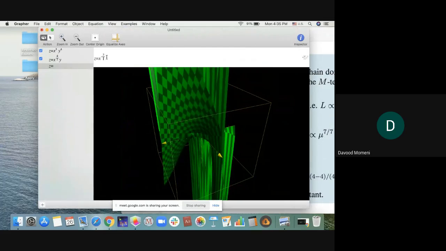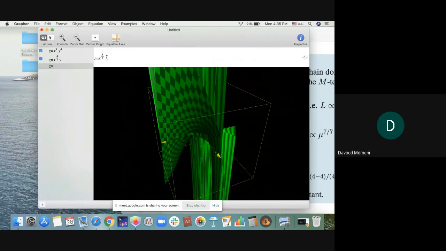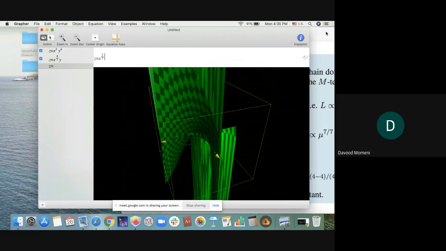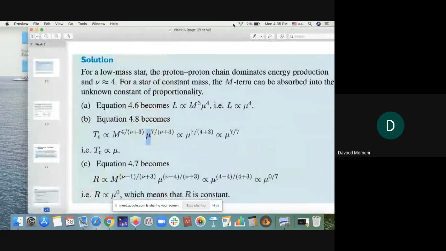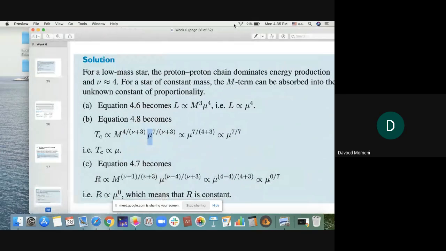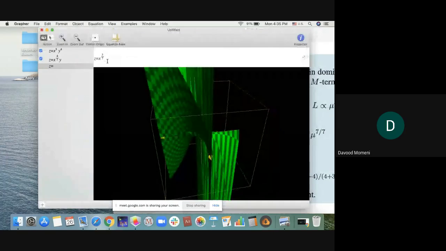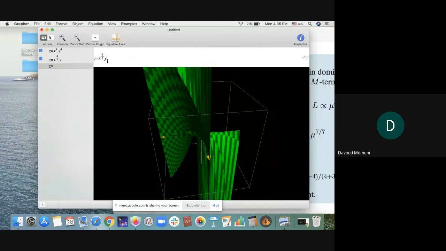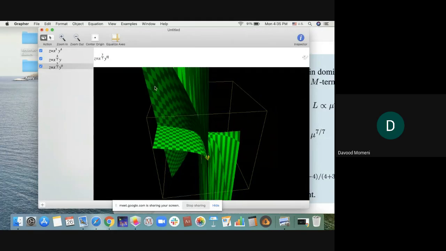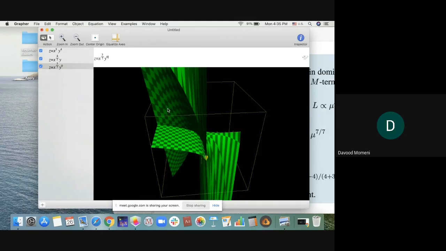We are surprised that there is no dependence on the chemical potential for low mass stars. So I can write mu to the power 0.